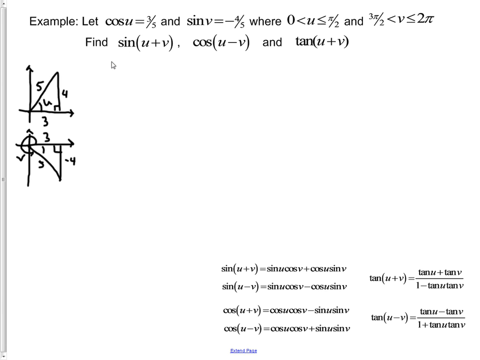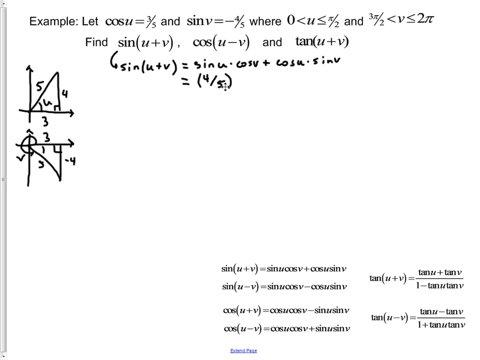So let's go for sine of u plus v. It helps me to write out these formulas each and every single time I use them. The sine of u plus v is exactly the same as the sine of u times the cosine of v, added to the cosine of u times the sine of v. So what are those values from our drawing? Sine of u is 4/5.